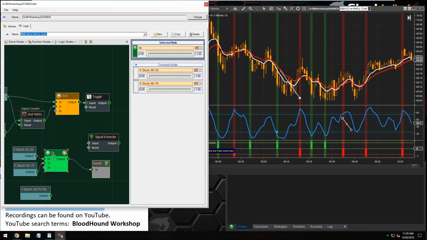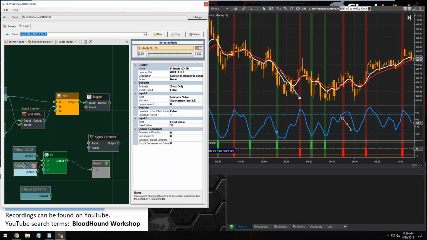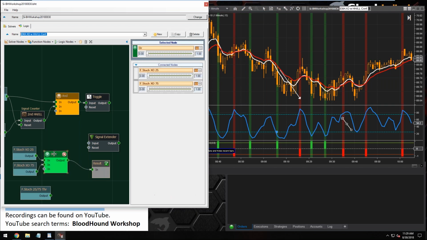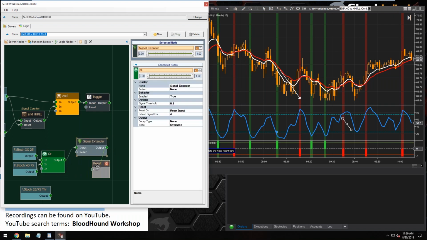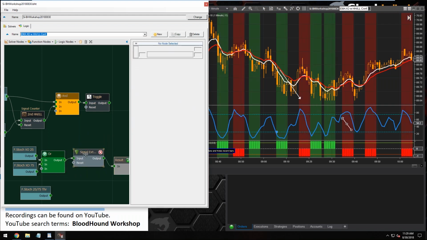So there we go. Instead of having 2 nodes, I now have one node with both combined outputs. So now I can connect that OR node into the signal extender, like so.